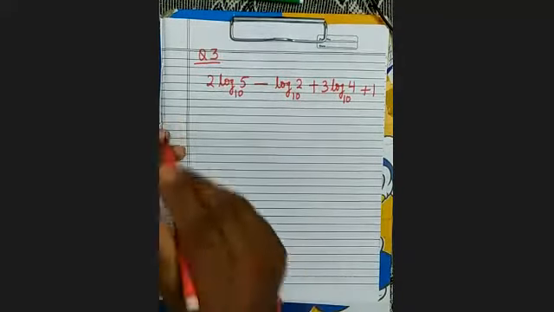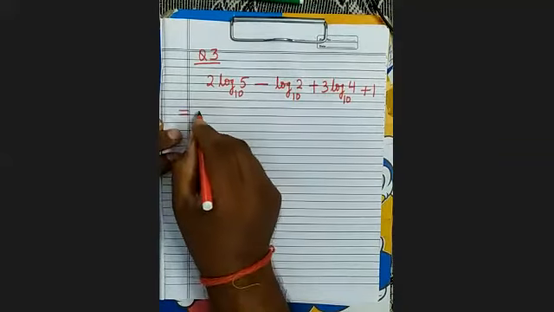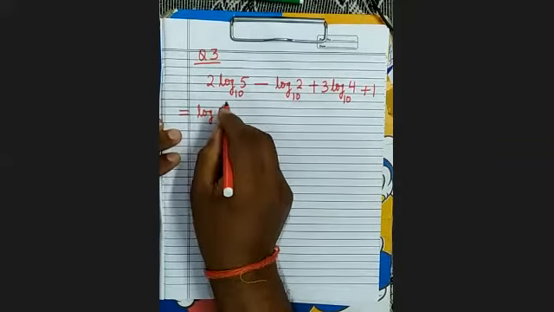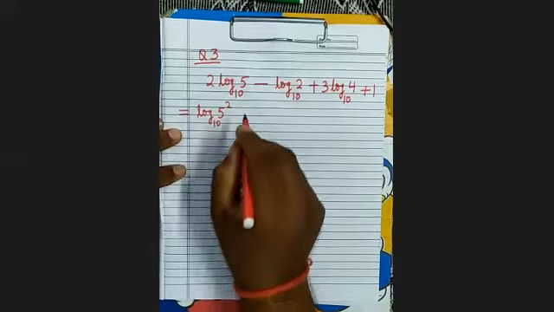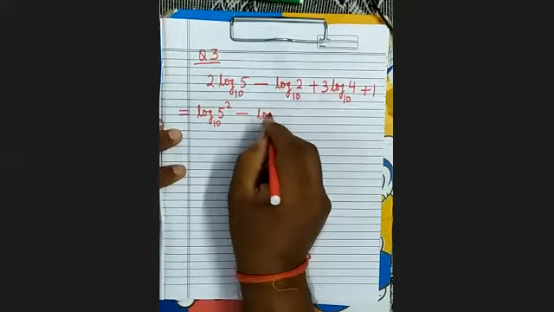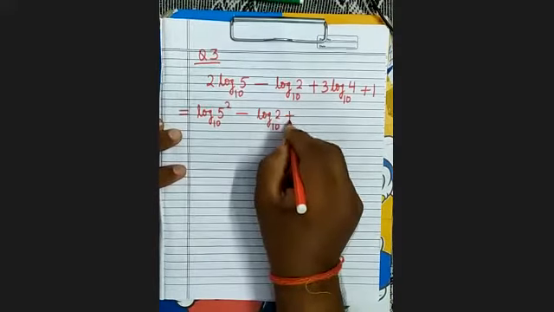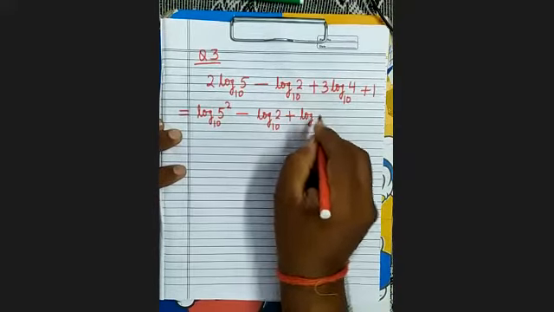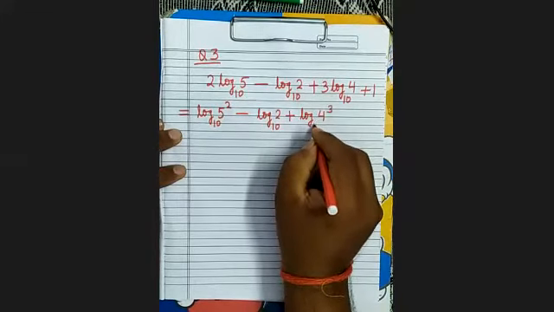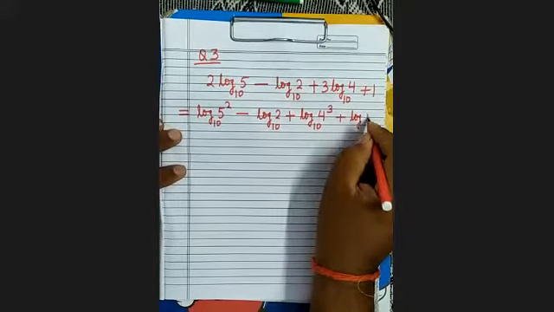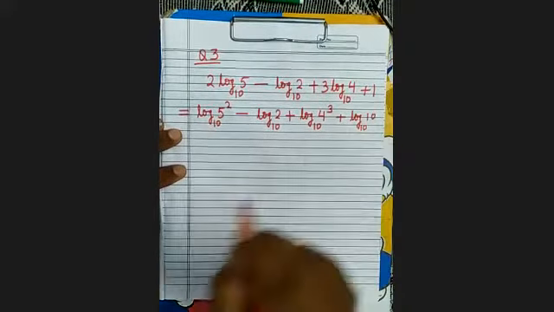So this can be written as log 5 squared to the base 10 minus log 2 to the base 10 plus log 4 to the power 3 to the base 10 plus log 10 to the base 10.